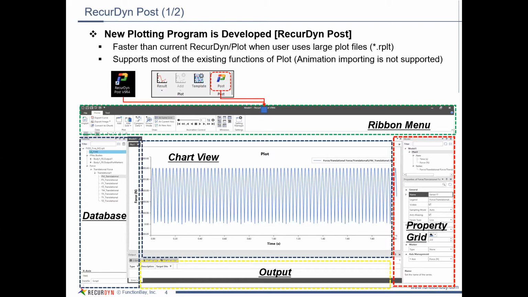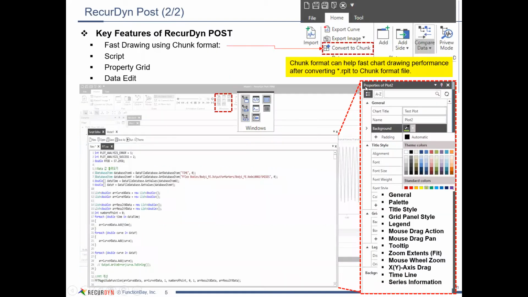To address that, we have the RecurDyn Post module, and you can see the basic layout here. Nelson Wu is going to give a presentation about this after my presentation, but just by way of introduction, this is part of the release of V9R4, to introduce this product, and he'll review all the aspects of how the screen is subdivided and so forth.